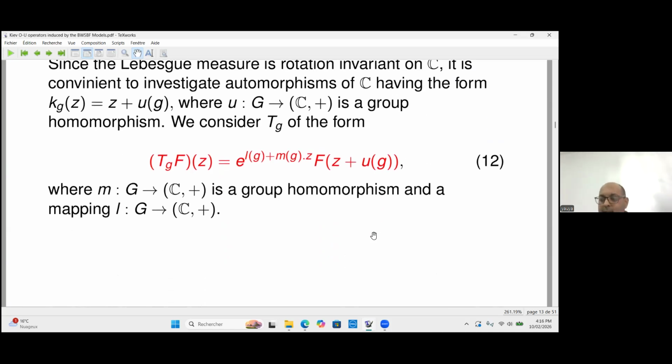Since we know that the Uhlenbeck measure here is rotation invariant, we take k_g, the action, to be z plus a function of g, and the multiplier is exponential of l(g) plus m(g)z, like a polynomial of degree 1 depending on the group element, where m is a group homomorphism from G to C plus, and l is just a mapping from G to C.